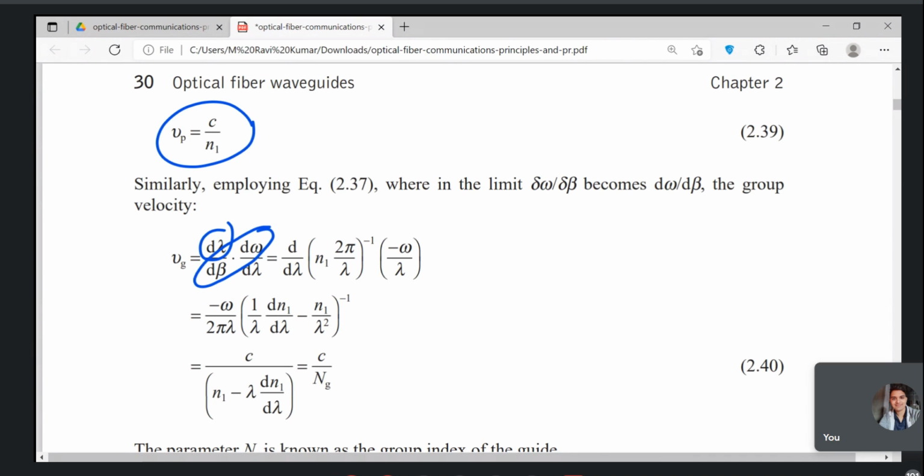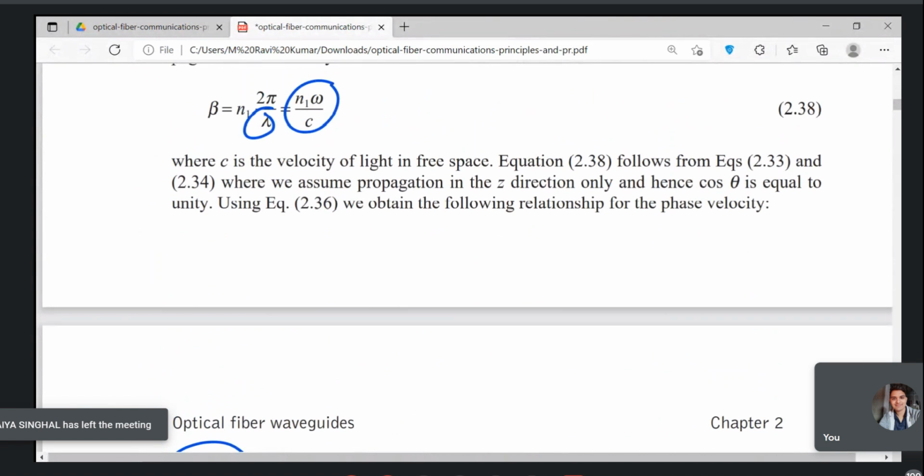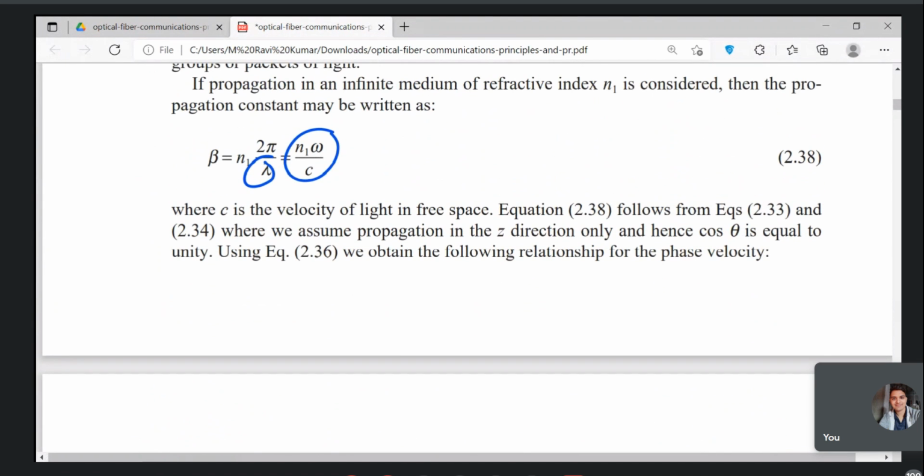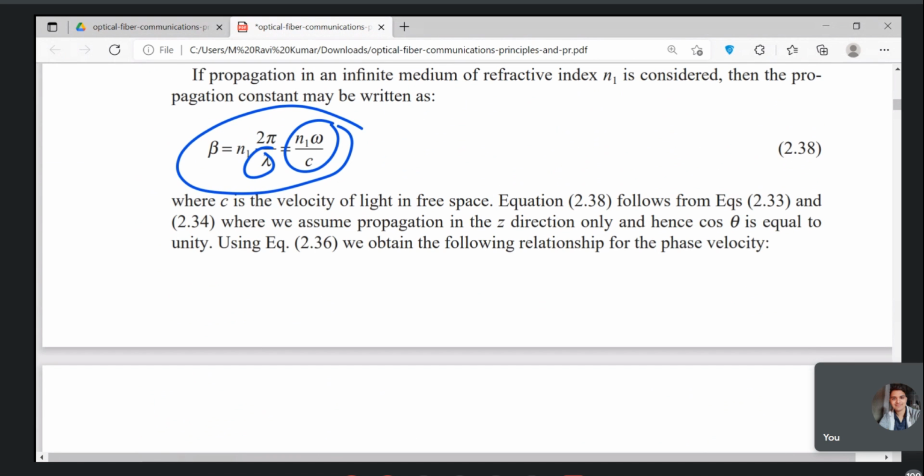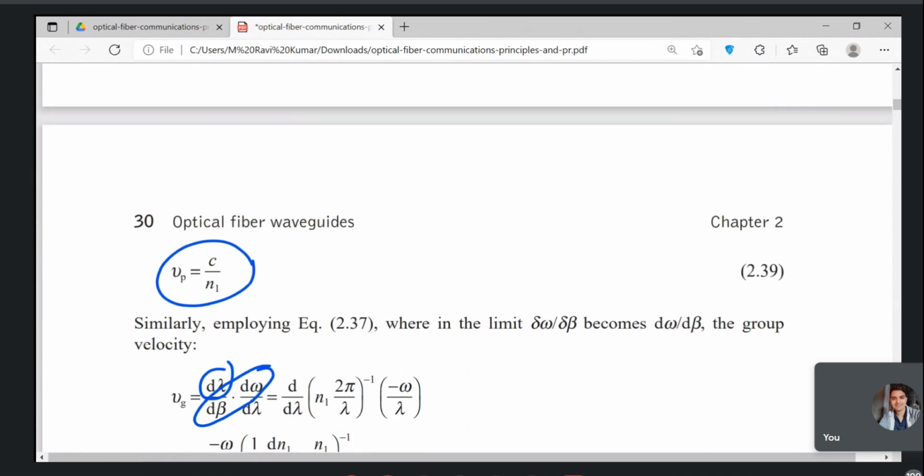The phase velocity, if you remember, in an earlier page we had the phase velocity as omega by beta, and that omega by beta, if you look at this, reduces to c by n1.